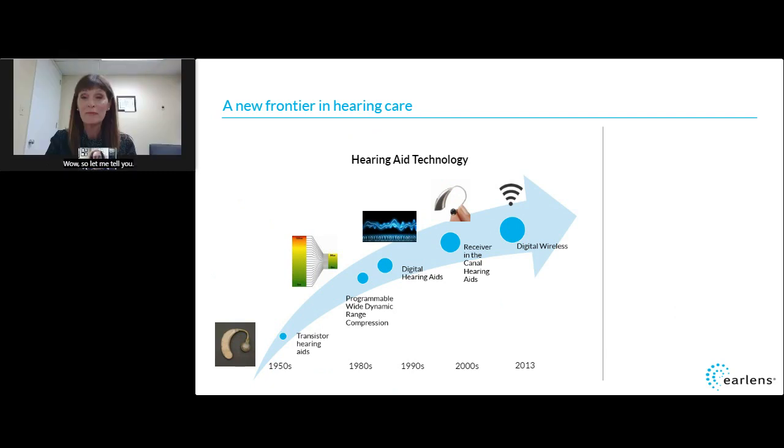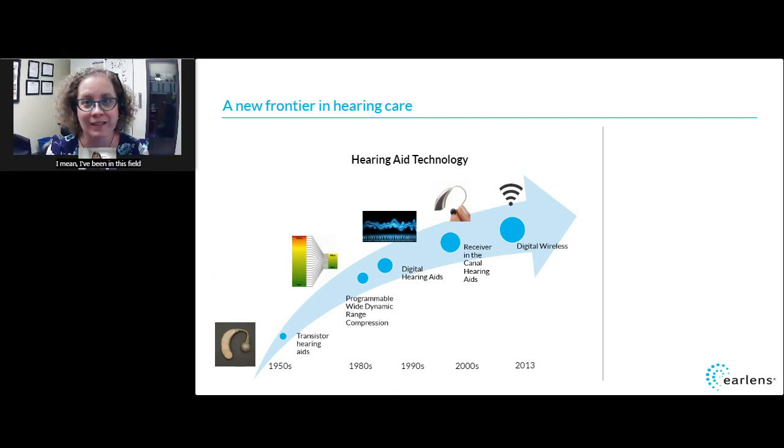Wow, so let me tell you, I've been in this field for 23 years, and Linda a little bit longer than I have, and I will say there has been a tremendous growth in technology. As a user of hearing aids myself since I was 16 months old, I remember back in the day when the hearing aids were just a simple analog device. There was no frills and thrills with the device. It was just an analog sound quality device.